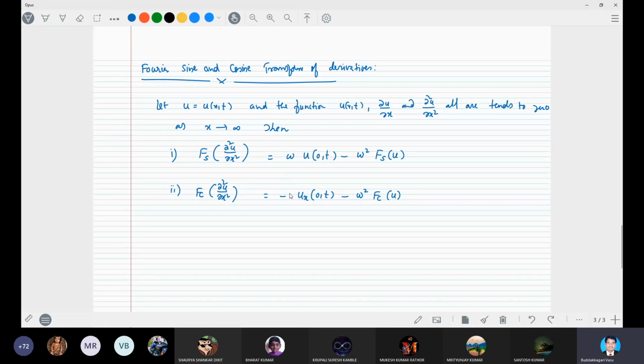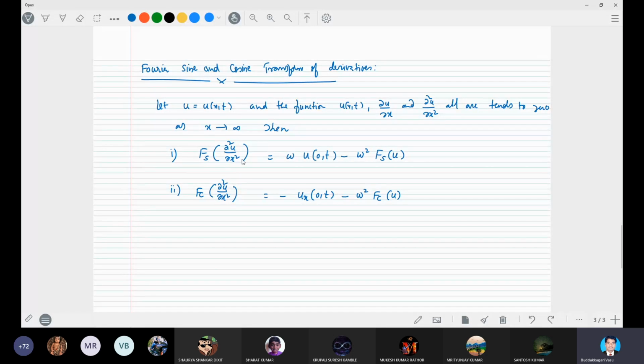Okay, so where we have the second order derivatives, the Fourier sine transform of the second order derivative will be transformed into functions. One is omega into u(0,t). u(x,t) is the given function, which will be turned into u(0,t), that may be one of the boundary conditions, minus omega square into Fourier sine transform of the given function. This is Fs(omega) or Fs of u.